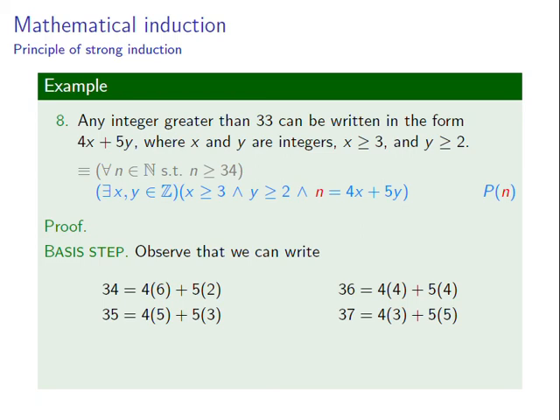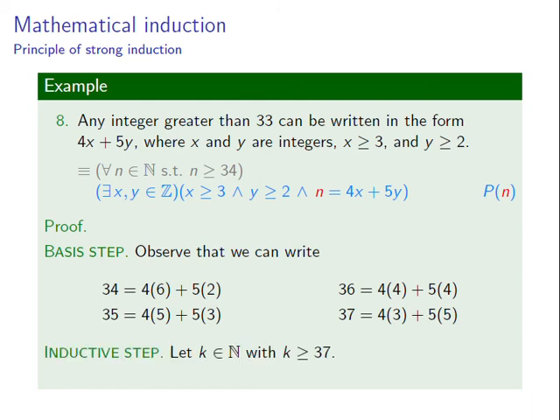Each of these numbers is written as a linear combination 4x plus 5y, where x is greater than or equal to 3 and y is greater than or equal to 2. Hence, the condition P holds for the natural numbers from 34 to 37. This completes the basis step.